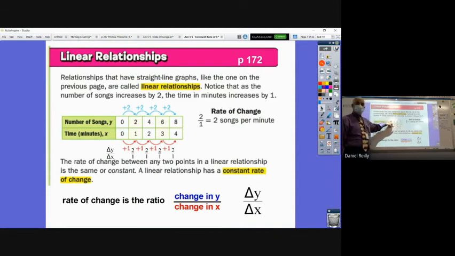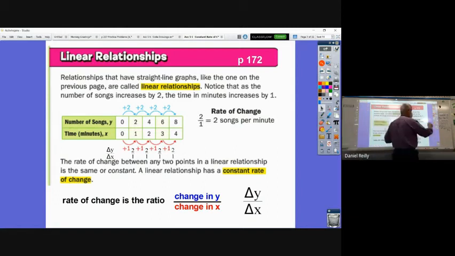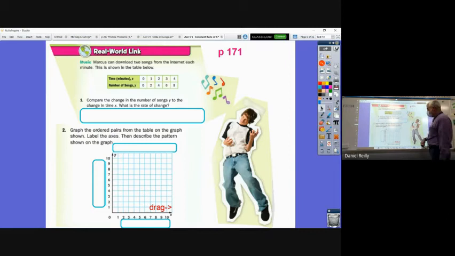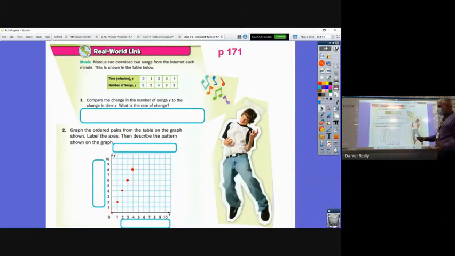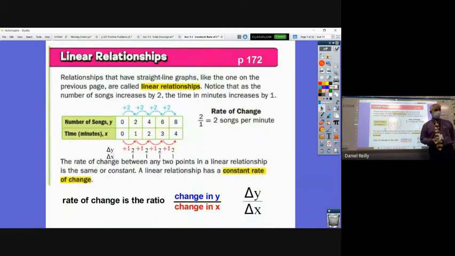So here, the rate of change is that it goes up 2 songs every minute, the downloads that this person is doing. If we graphed it on the previous page, the graph of all this would be a straight line. That's why it is called a linear relationship, because the graph is a straight line. The rate of change is constant for a linear relationship.